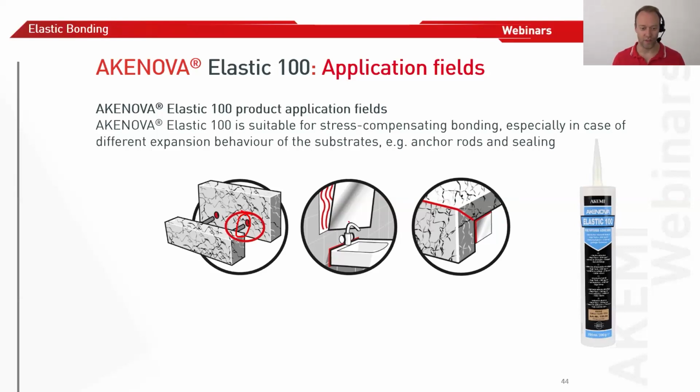But you can also use it for mirror bonding when you want to bond a mirror on tiles. Or it can also be used as a sealant if you have it there anyway. It's very easy to smooth. You just need a smoothing agent like for silicone, you spray it on, and then it's very easy to smooth.